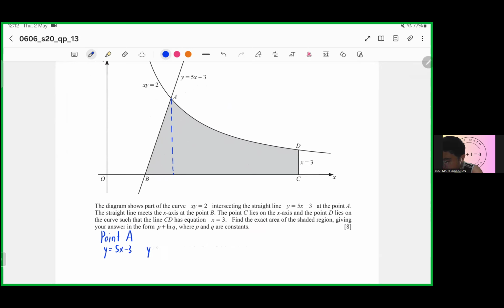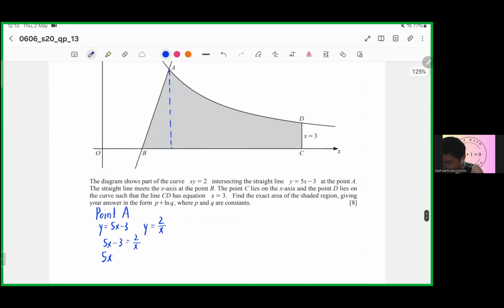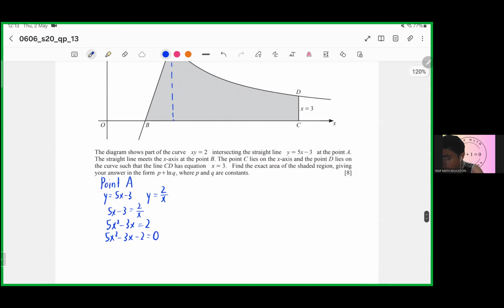Okay, here I can put y equals to 2 over x. So we get 5x minus 3 equals to 2 over x. So 5x squared minus 3x equals to 2. So 5x squared minus 3x minus 2 equals to 0.